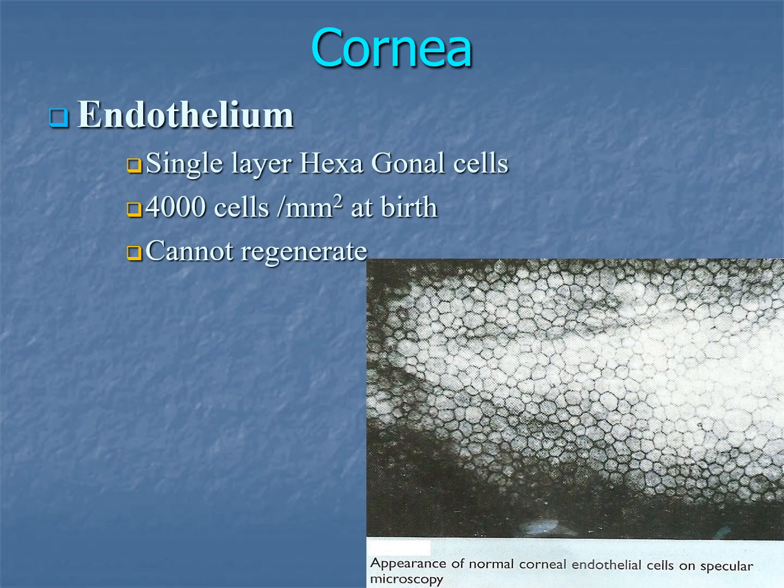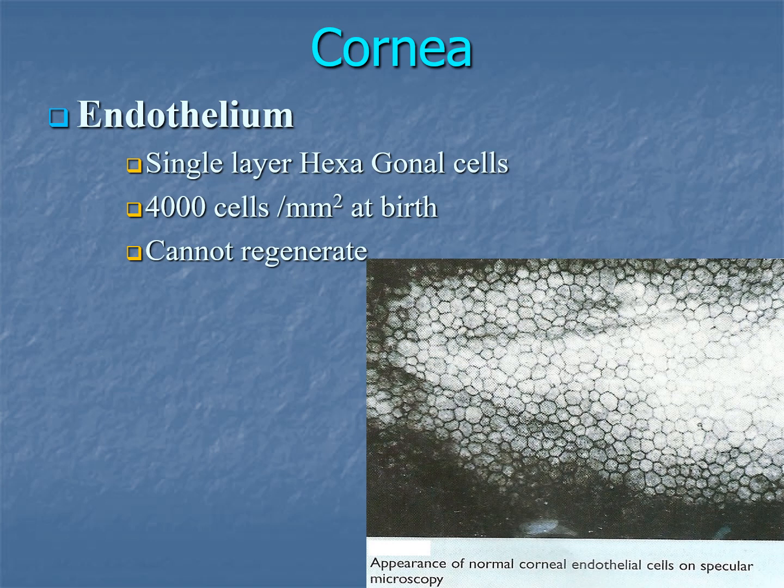In this picture, you can appreciate the last layer, that is the endothelium. It consists of a single layer of hexagonal cells, and at birth they number 4,000 cells per millimeter square. But in an adult, the density is about 2,500 cells per millimeter square.